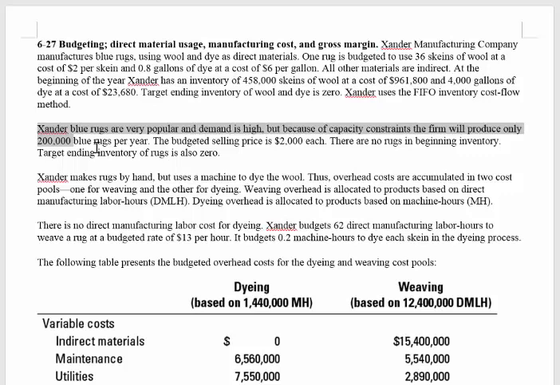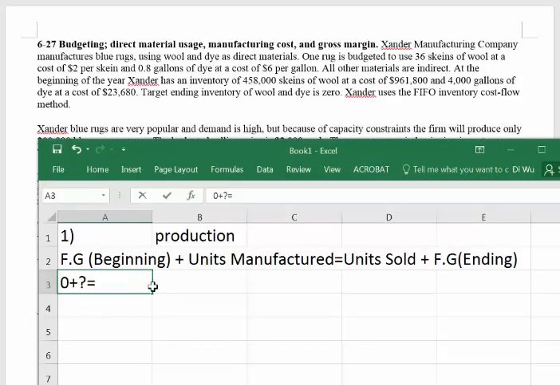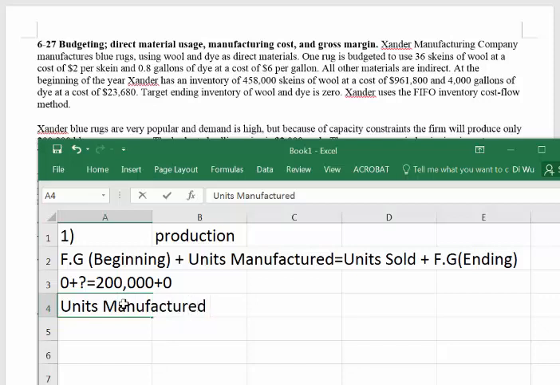So they manufacture 200,000 racks, and they're going to sell all of them. Therefore, the units manufactured is going to be, sorry, 200,000 for sure.